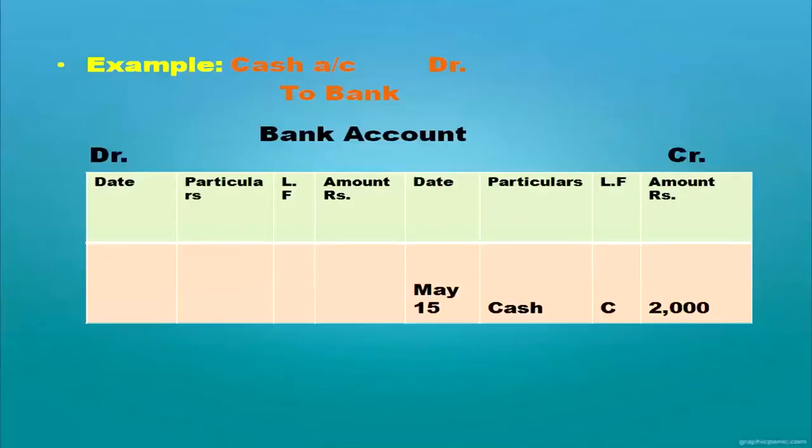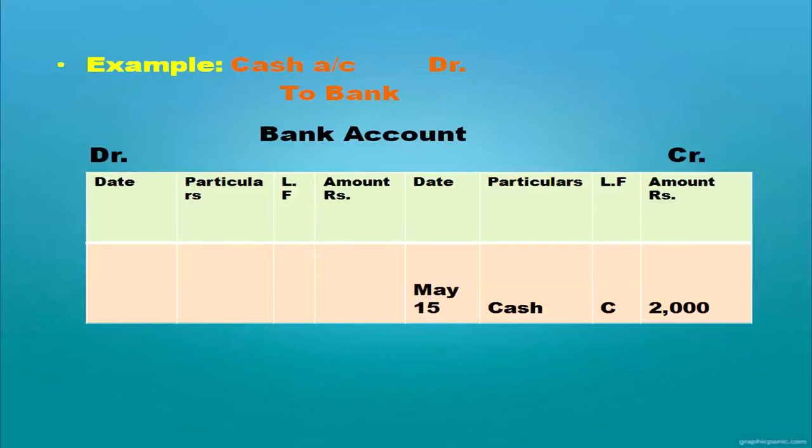So, when cash is withdrawn from the bank, cash account debit to bank. To make you think about how this amount comes in the respective column, I have drawn this account. If you are writing directly in the bank account, how will you post? You will write on the credit side By Cash, and this amount column is the bank account's amount column.